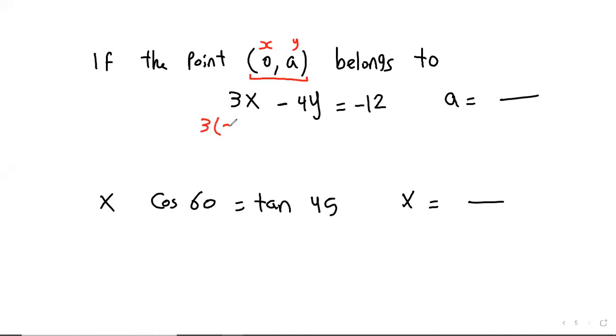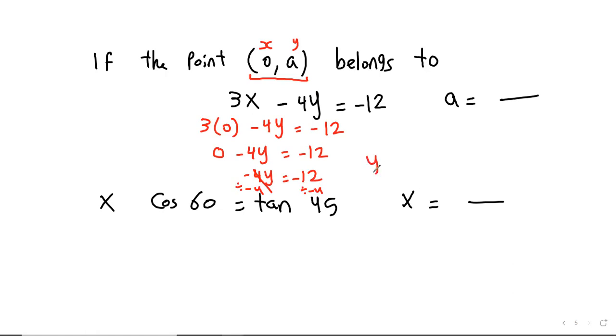So 3 times 0 minus 4y equals minus 12. 3 times 0 is 0, minus 4y equals minus 12. Then divide both sides by minus 4. So y equals 3.